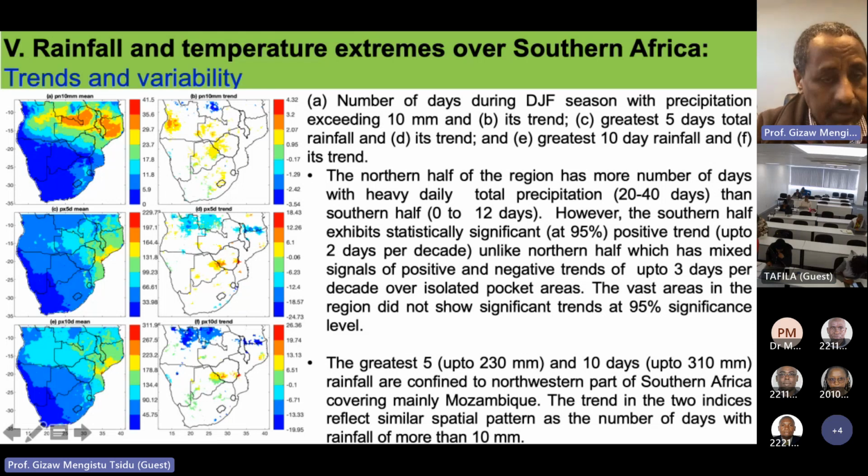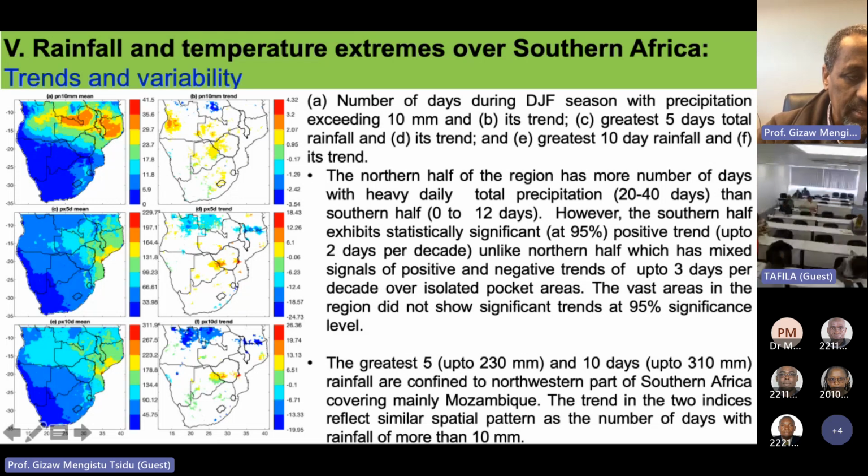Here, this is a maximum 5-day mean rainfall in millimeter, actually, in this case. You can see it ranges from a few millimeter to 230 millimeter.